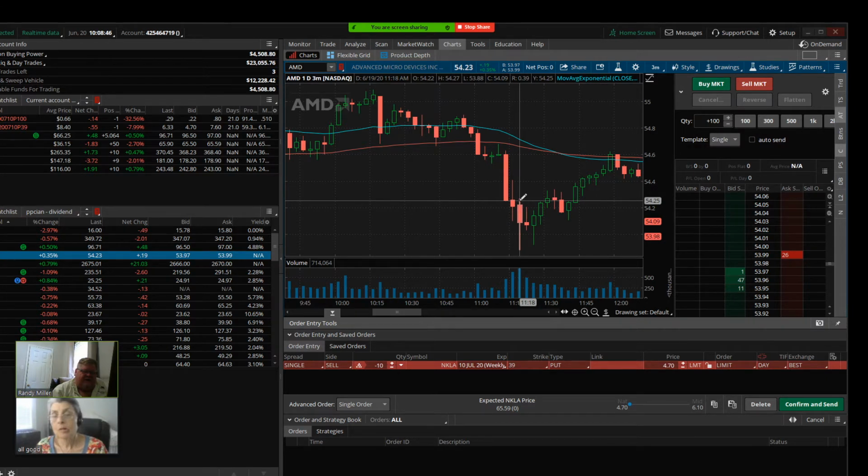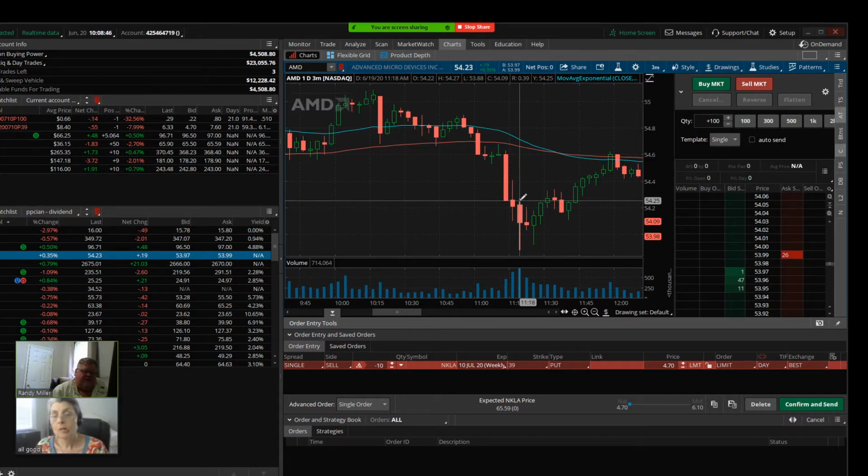Let's zoom back out. Each candlestick is telling a story: how high it went, how low it went, and where it closed.